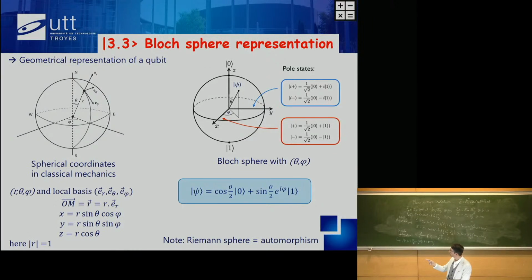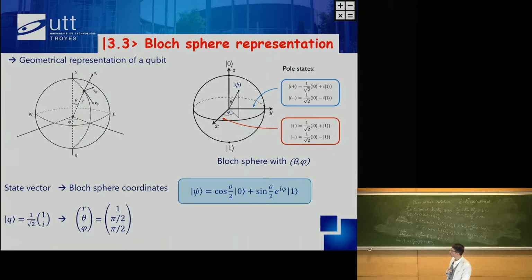no, this one, where we had pi over 2 and pi over 2. And yes, indeed, if I take that state, that's what we did. We took pi over 2 for theta and pi over 2 for phi, and we end up with this state.